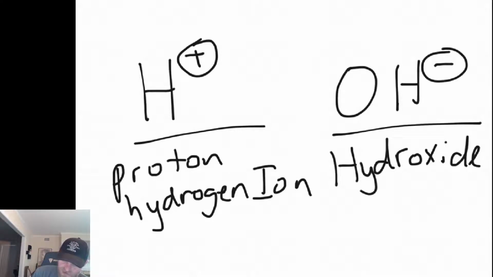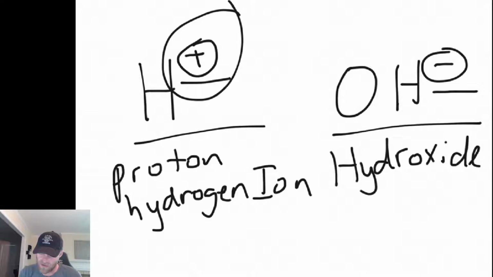There might be something else that's called. I won't say it unless it's brought up later. Okay, and then another way I like to think about it is the charges, okay? If it's an acid, it's going to have an abundance of plus charge, okay? That's a circle, okay. And then if it's a base, it's going to have an abundance of minus charge.